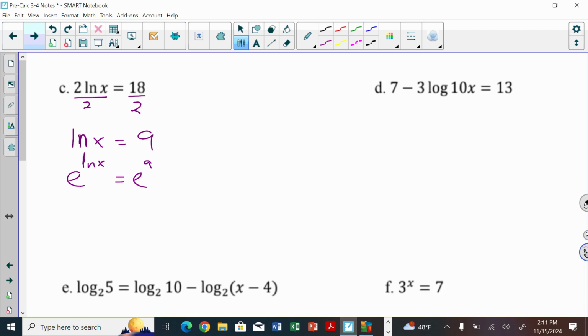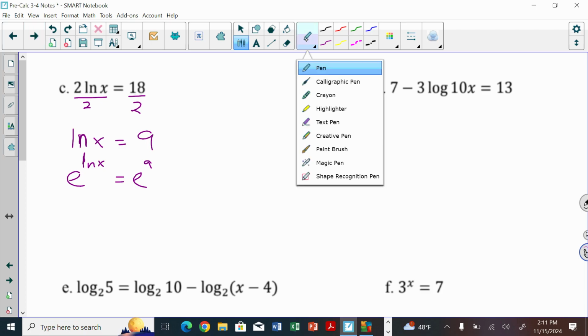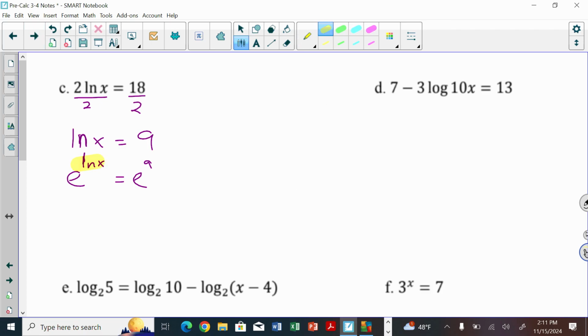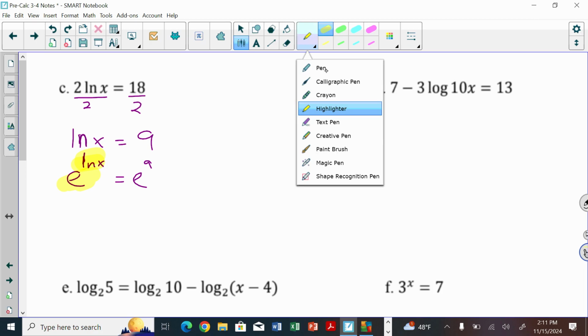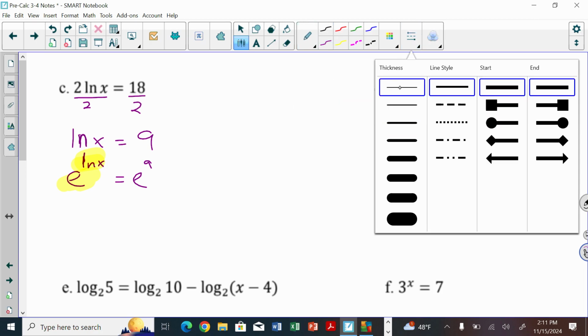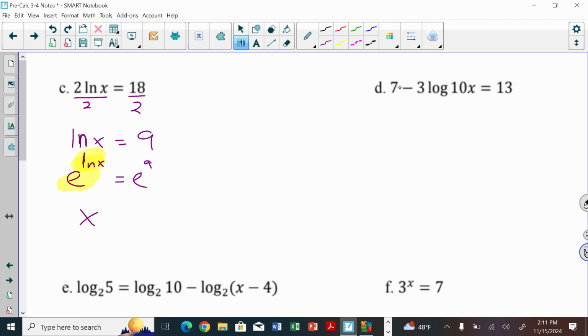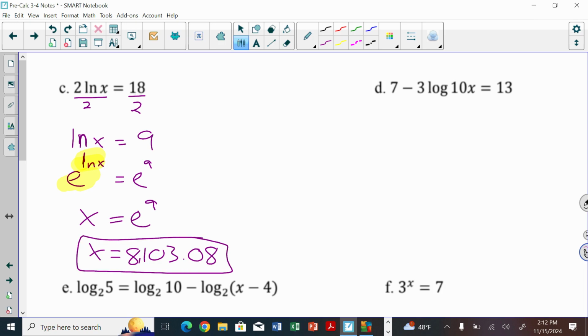Now they have the same base, and because they have the inverse right here, remember, one of the properties with e is that e to the natural log x power is just x. So I have x is e to the 9th power, which is 8103.08 as my final answer there.